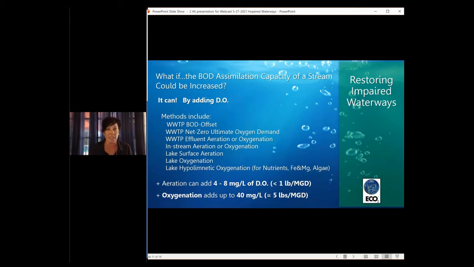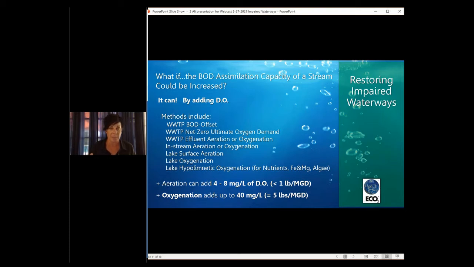Other methods of increasing the assimilation capacity of a stream would be in-stream treatment, either oxygenation or aeration. Also, lake surface aeration has been used several times, as well as river surface aeration. And we also have many examples of lake oxygenation.